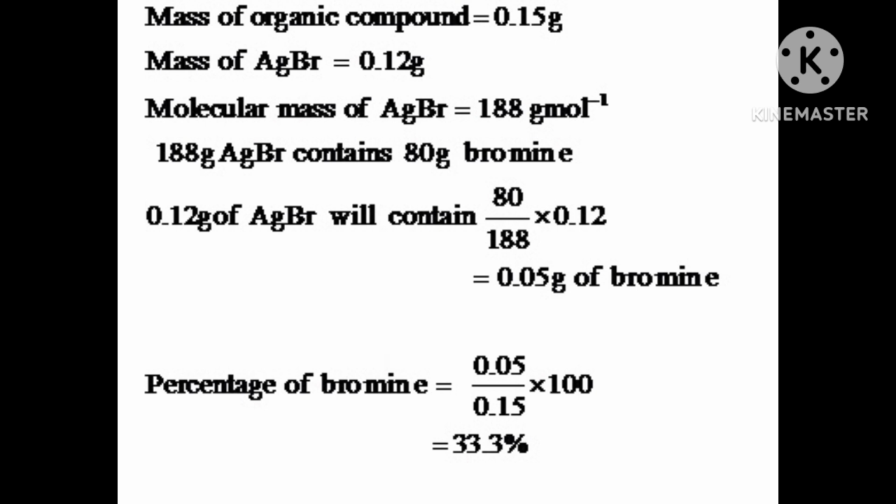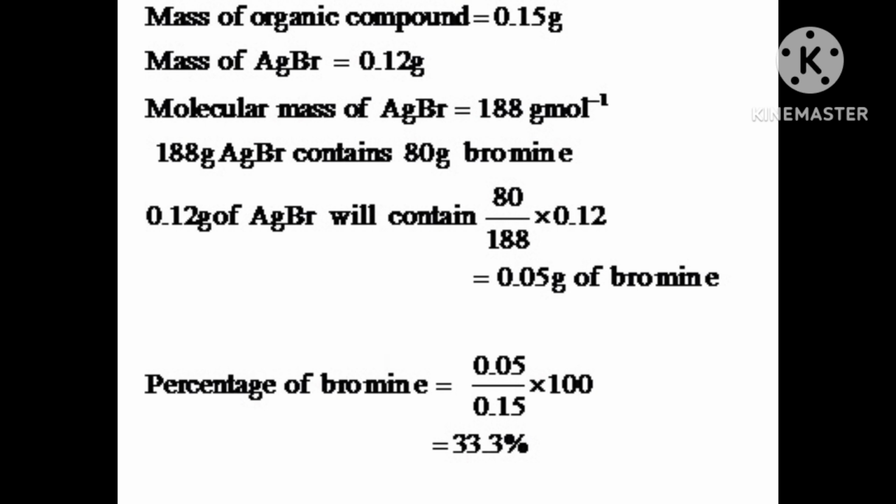Then you know what I am going to do. Then m1 gram. After that, how will you calculate? Here again in the same way, barium sulfate: 1 mole of barium sulfate is 233 gram. The total molecular mass of barium sulfate is 233 gram.